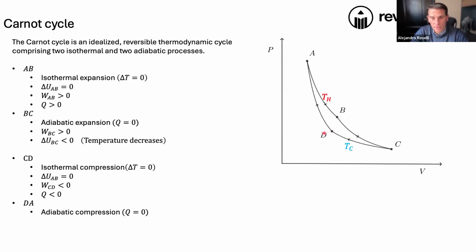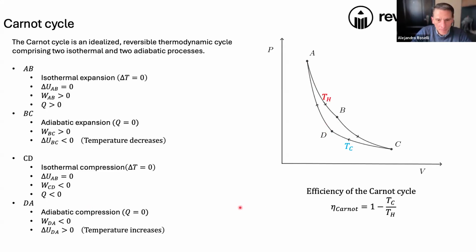Volume is decreasing adiabatically, work is negative, and the temperature goes up now. A final comment: among the formulas given in your data booklet, you will find the expression for the efficiency of the Carnot cycle. It's only defined in terms of the temperatures, the cold temperature and the higher temperature with which the system exchanges heat.